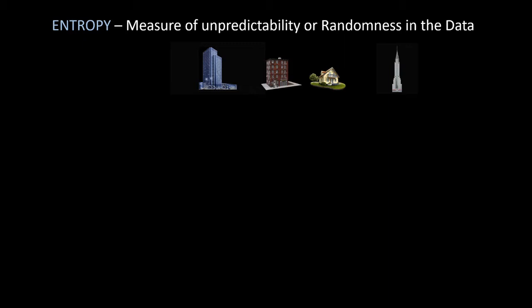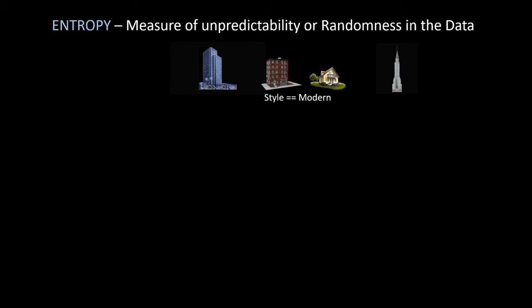We have a high-rise condo, a small, old apartment building, a relatively modern house, and big skyscrapers from the 30s. To me, I think that is the Empire State Building. When we talk about a measure of unpredictability or randomness in the data, we're still in a classification, right? These are all buildings.